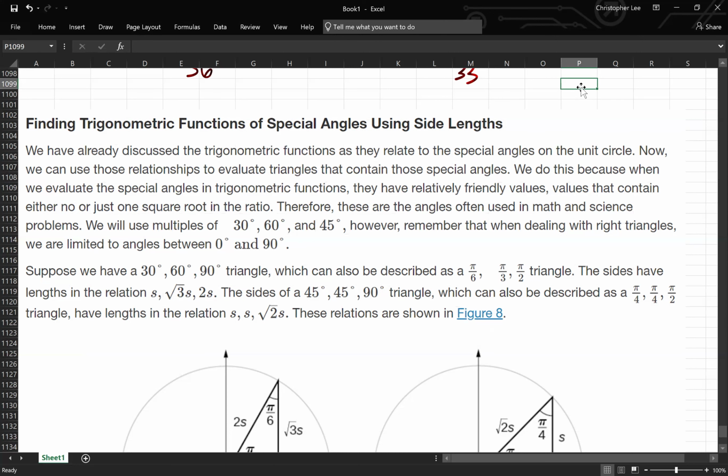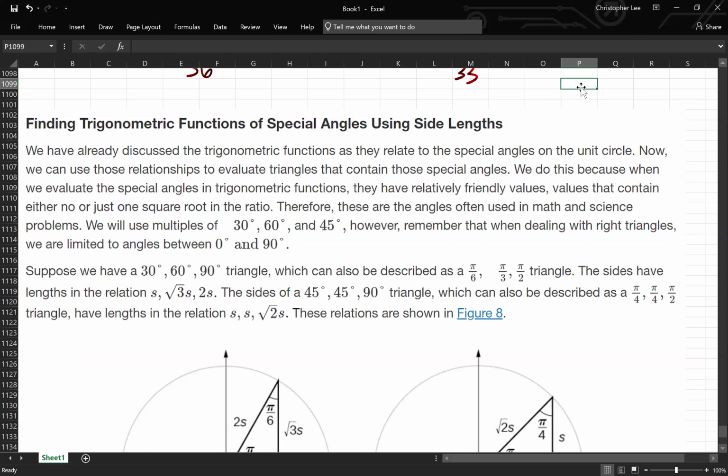We do this because when we evaluate the special angles in trigonometric functions, they have relatively friendly values, values that contain either no or just one square root in the ratio. Therefore, these are the angles often used in math and science problems. So we will use multiples of 30, 60, and 45.